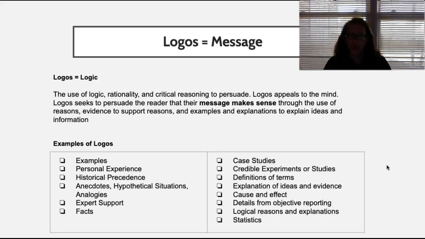For instance, all toothpaste seem to be recommended by 9 out of 10 dentists, so that's a little sketchy. But you might notice in advertisements as you're coming across them, if they have reasons why that product is more convenient, why it's better, why it works, then that would be logic in their message.